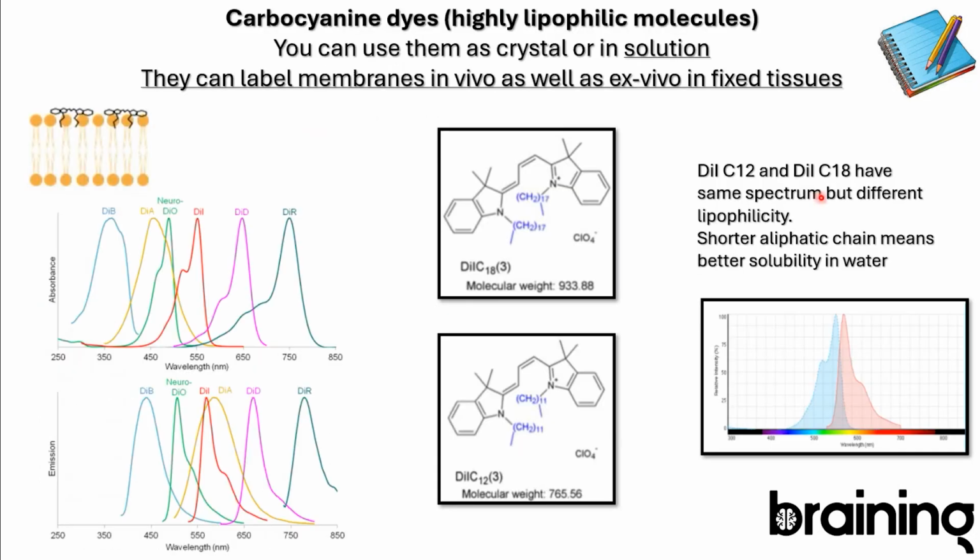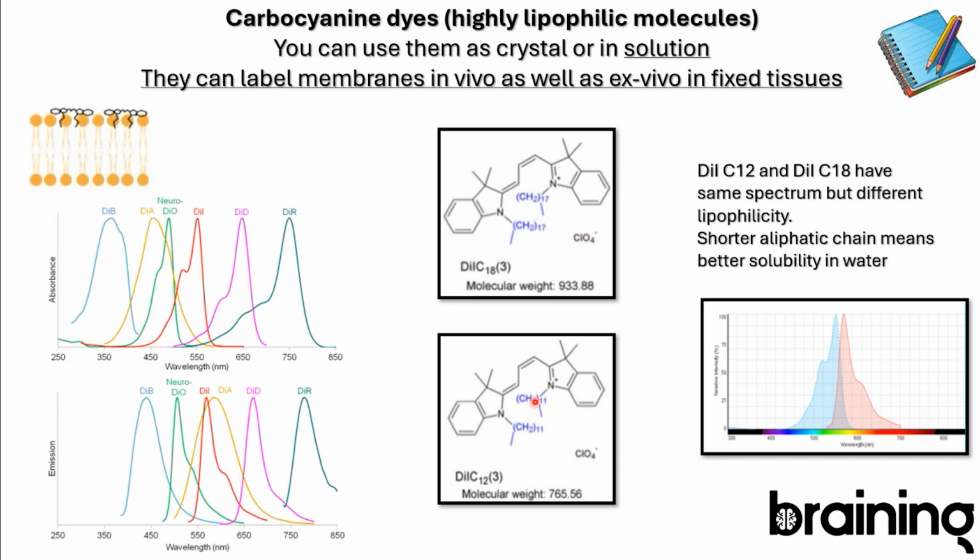So what are these carbocyanine dyes? You see them here. Basically, you have fluorophores that are linked to an aliphatic chain, 2 aliphatic chains. So basically 2 fluorophores which are linked covalently, and both of them are linked to an aliphatic chain. The number here means a different number of carbons.